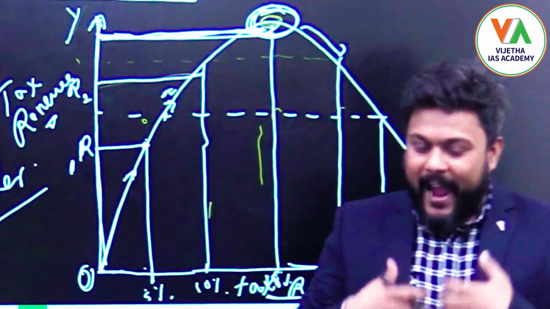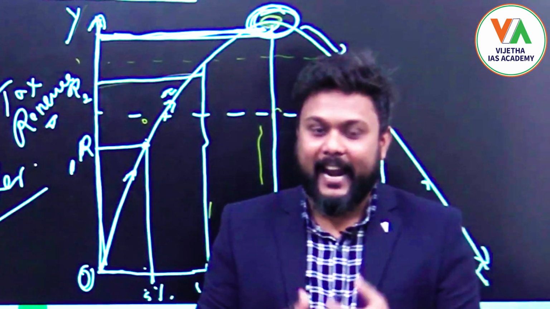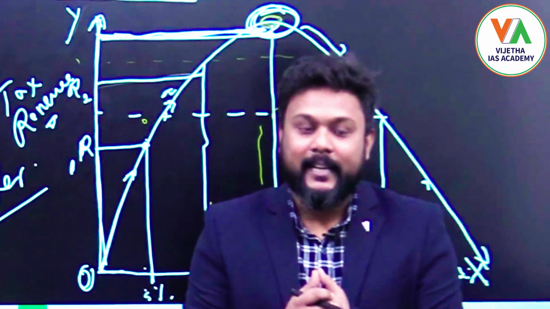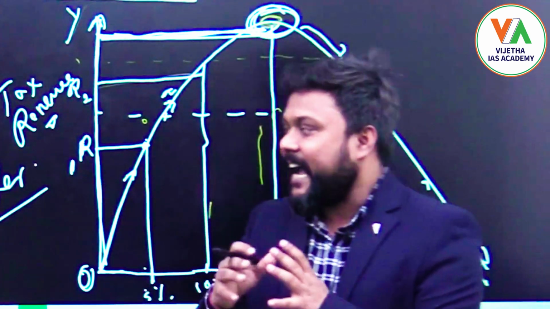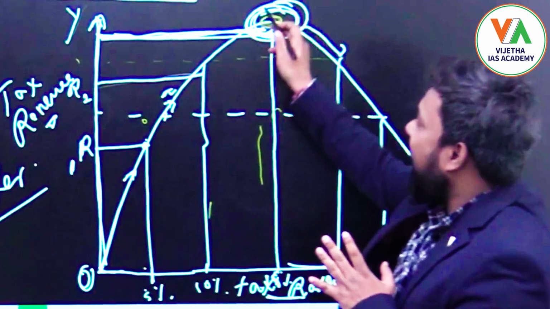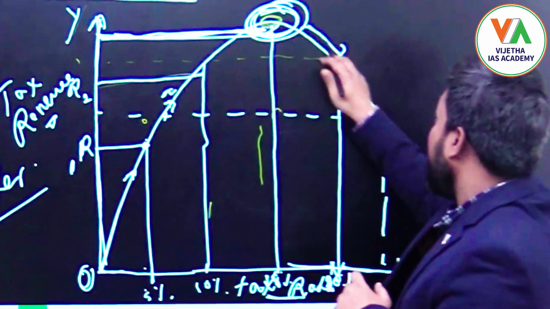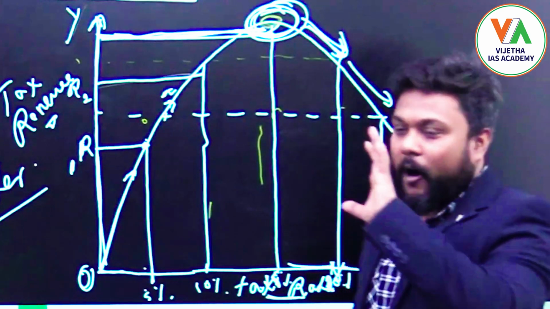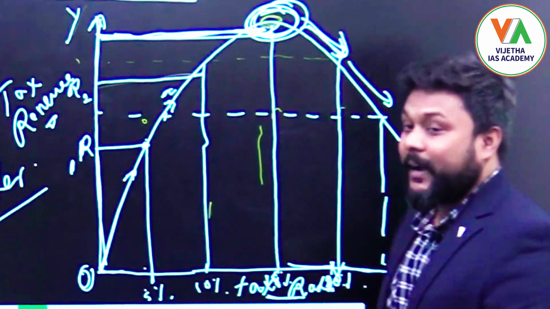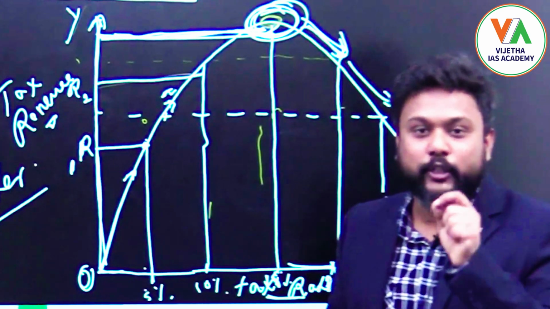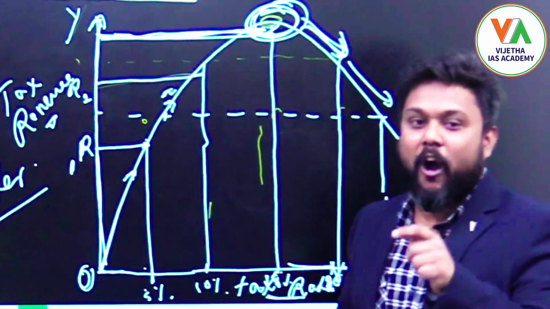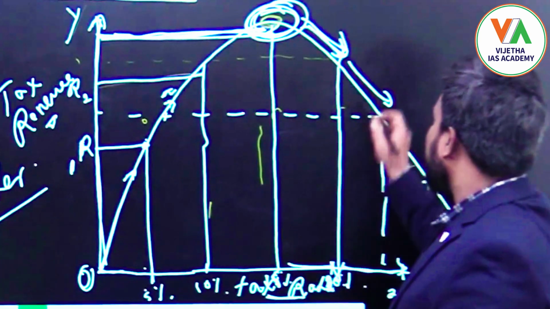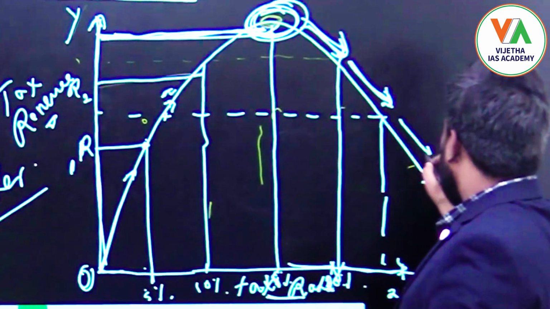Fine. And why does it happen at the psychological level, at the individual level, how households function in this case? When the government increases the tax rate beyond a limit, you might see a fall in the revenue collection to the government, and it happens due to the tendency of evading taxes by individuals or corporates.